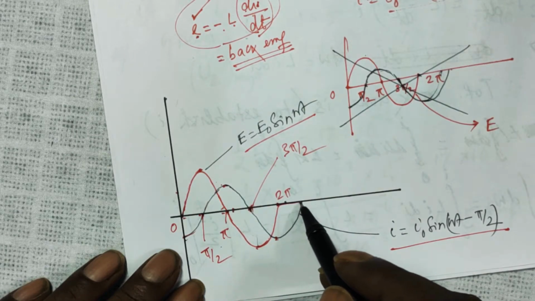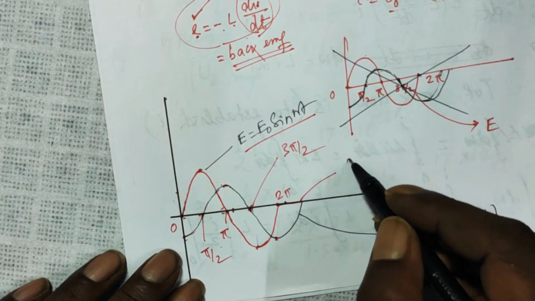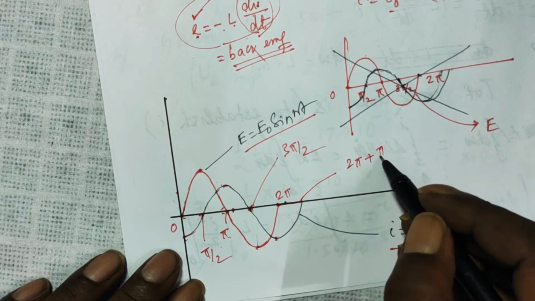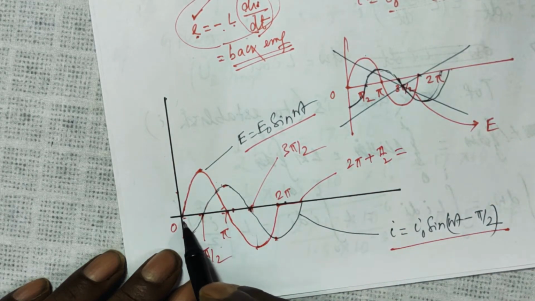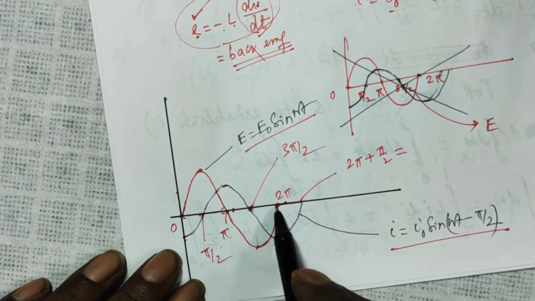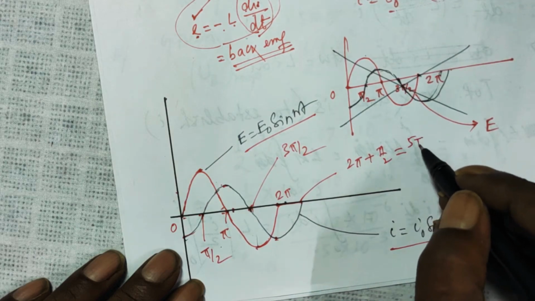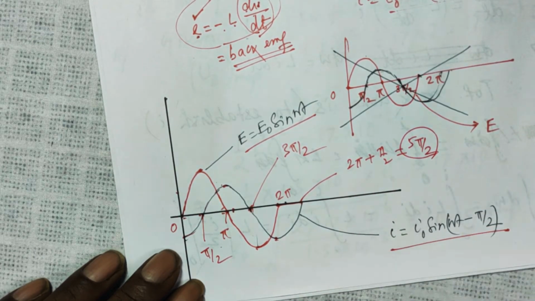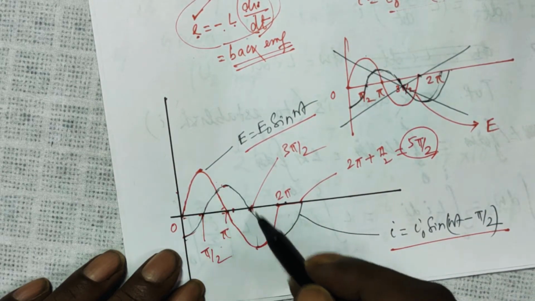Now from here to here is also pi by 2. So this point will be 2 pi plus pi by 2, that is 5 pi by 2.